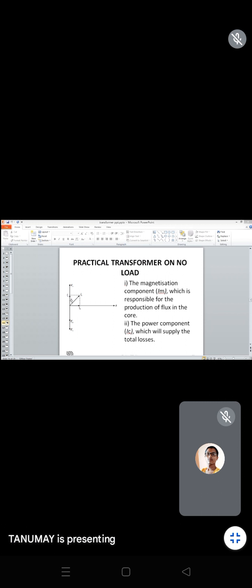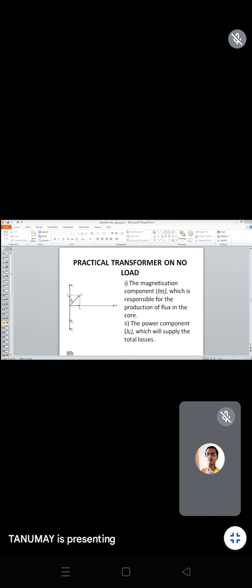Now this supply voltage V1 will produce induced EMFs over the primary and secondary sides, that is E1 and E2. As both E1 and E2 are induced EMFs over primary and secondary respectively, they will try to oppose the supply voltage. That's why the direction of E1 and E2 will be in reverse direction from V1.